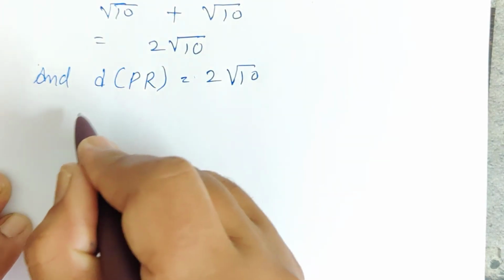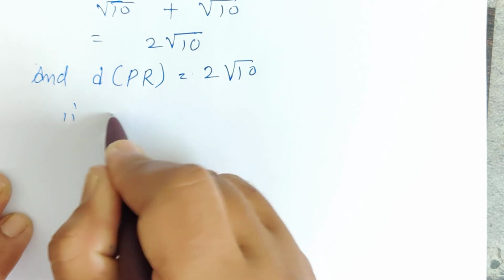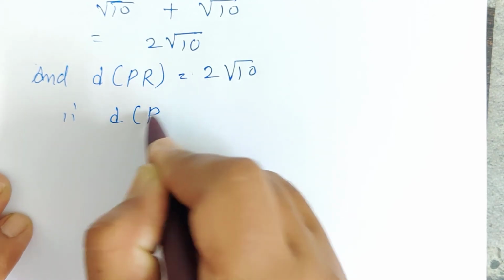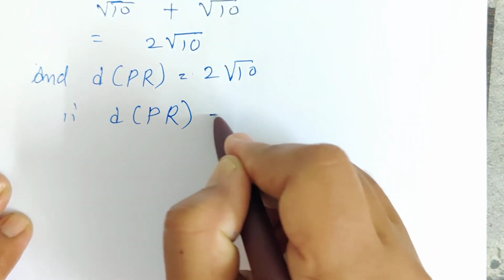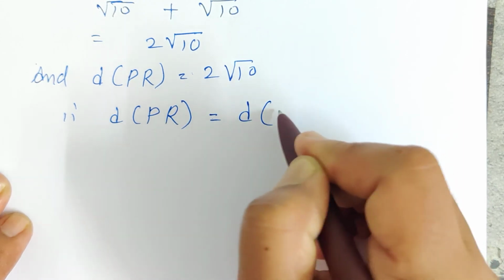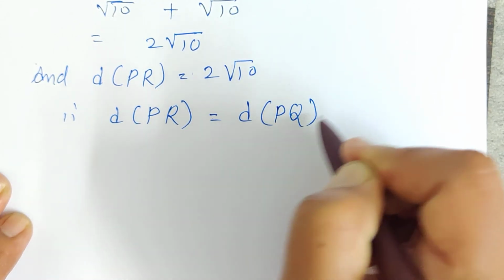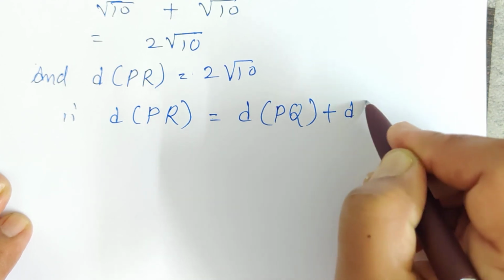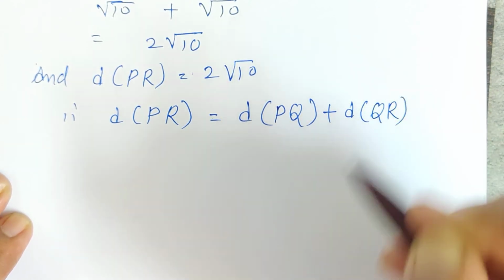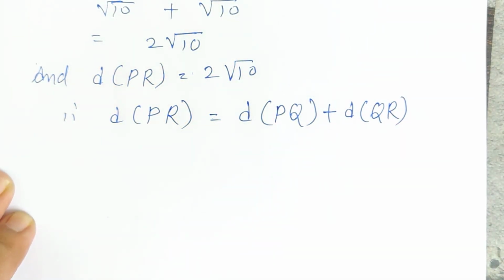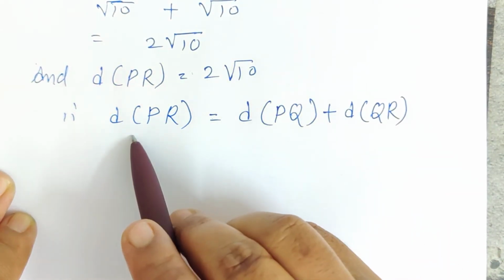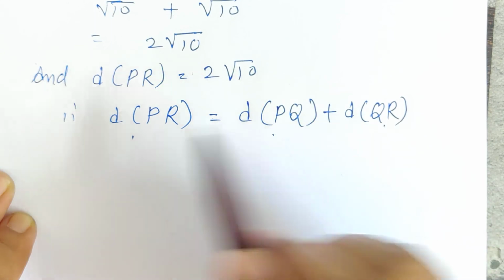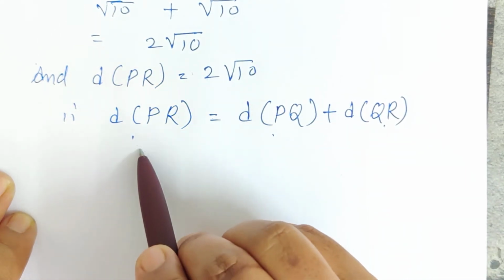So what we can say then? Distance of PR is equal to distance of PQ plus distance of QR. So the sum of these two segments is equal to the third segment.